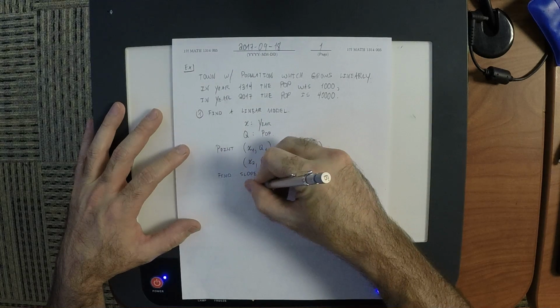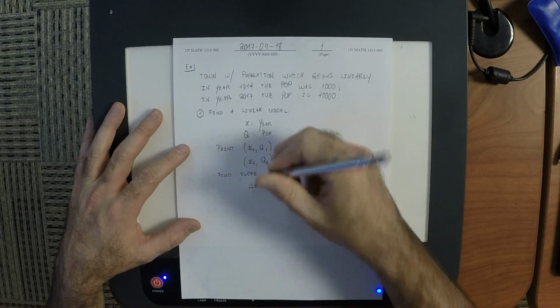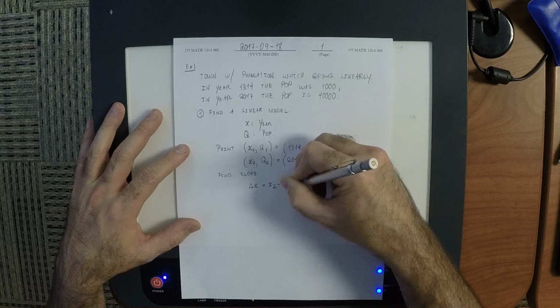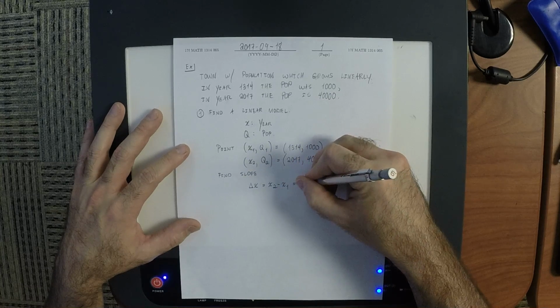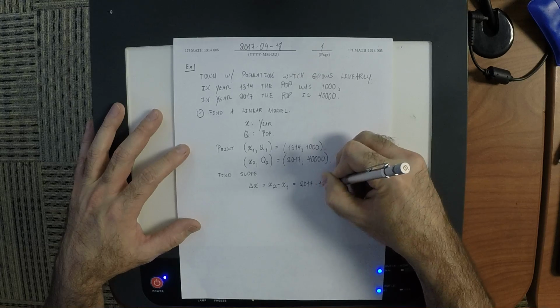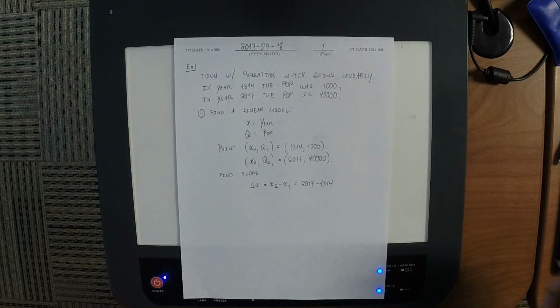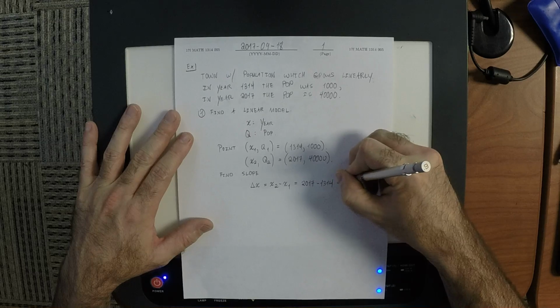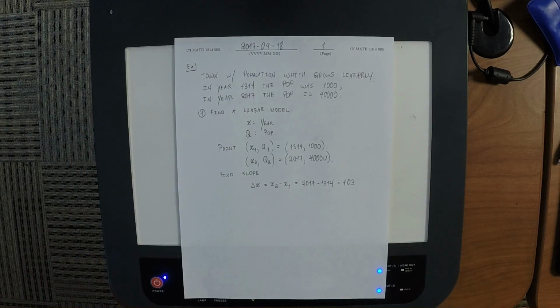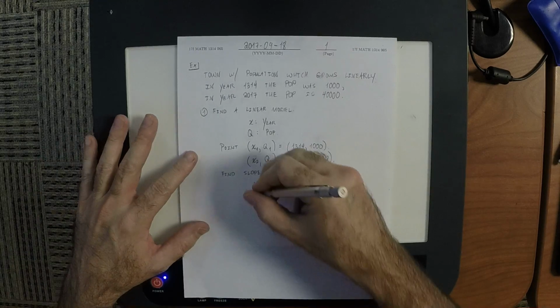Okay, so then delta x, change in x, that'd be x2 minus x1, which would be 2017 minus 1314. 703. Okay. So that's the change in x. So that's saying that we're tracking the town over the course of 703 years.